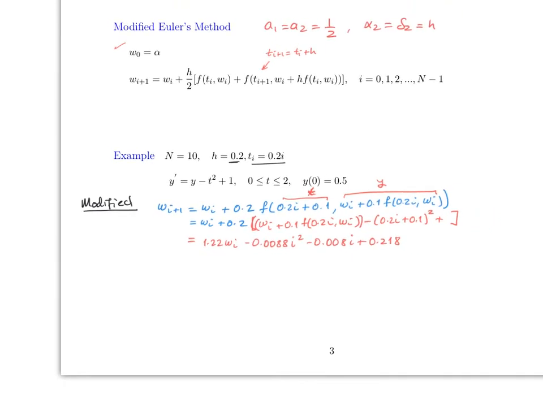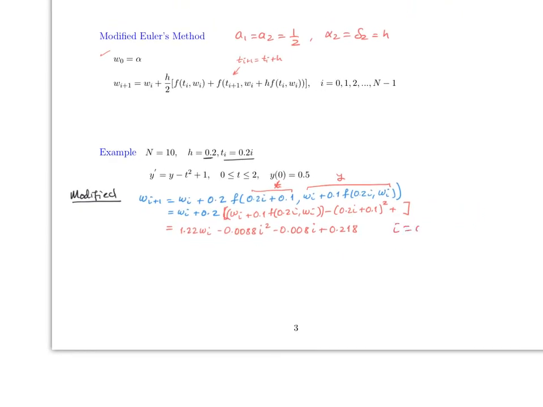And remember here, i goes from 0 to n minus 1, which in this case is 9. Also, don't forget this part right here. This is f of 0.2i, w i. So this will give you w i minus 0.2i squared plus 1. Okay, so once you simplify everything, you'll get this.